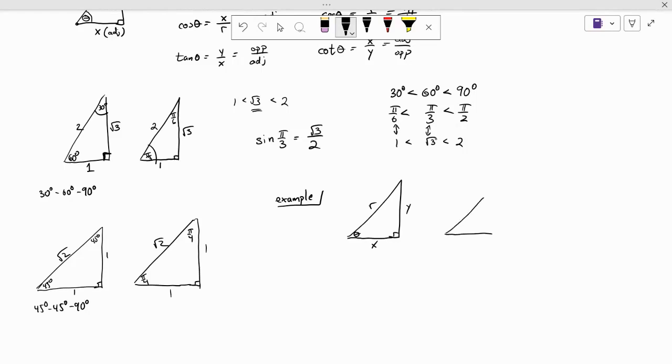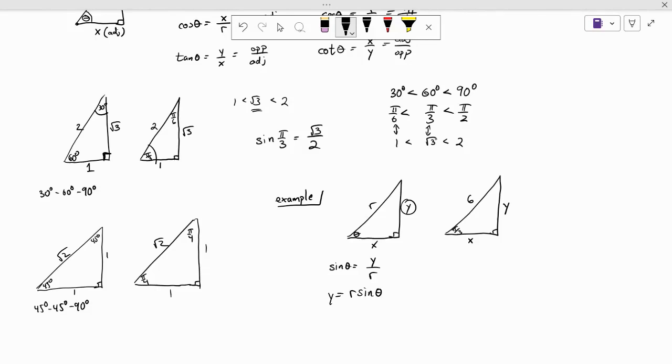If you know an angle in a right triangle, let's say pi over 3, and you know one of the sides, let's see, the hypotenuse, then you can find the other two sides, right? Using trigonometry. Let's call the opposite side y and the adjacent side x. So we know that sine of theta is opposite over hypotenuse. So we see that the opposite side would be the radius r times sine theta.